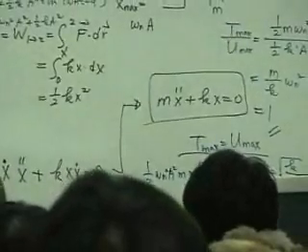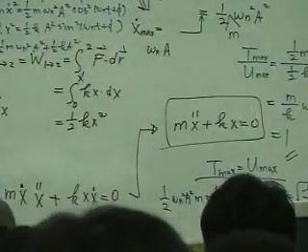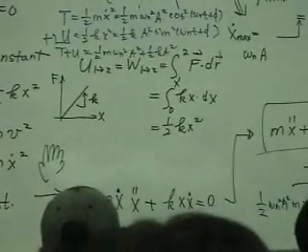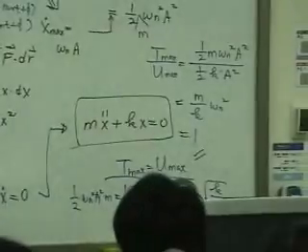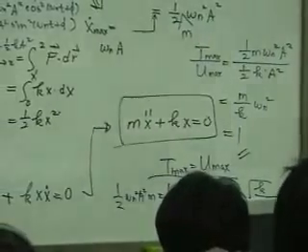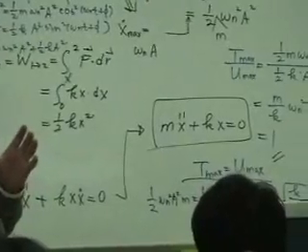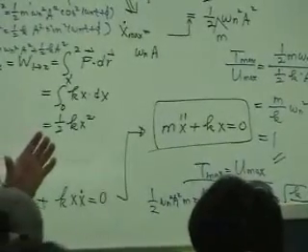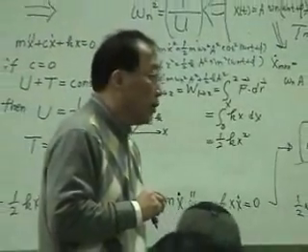So another way to get the natural frequency is to get the maximum kinetic energy and the potential energy and compare them, then we have omega n squared. If I get a large kinetic energy, that means I have a large omega n, of course.